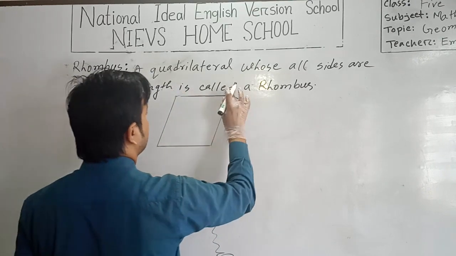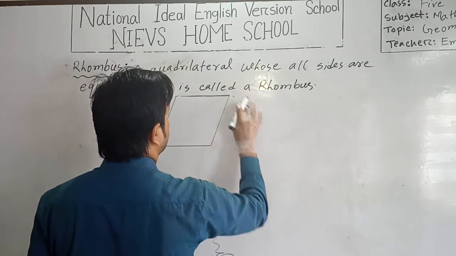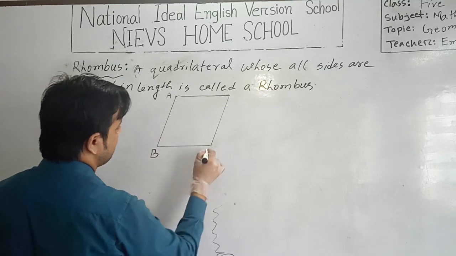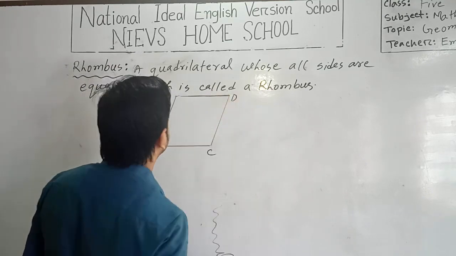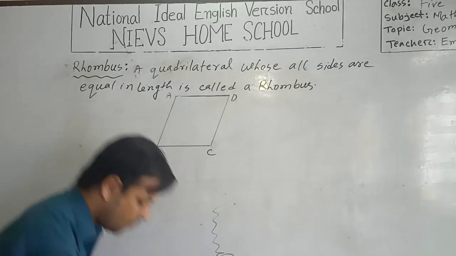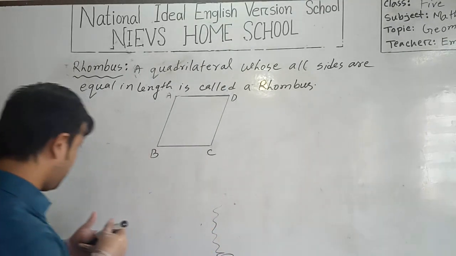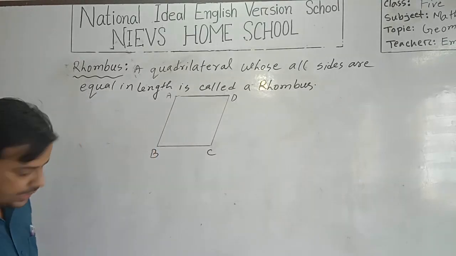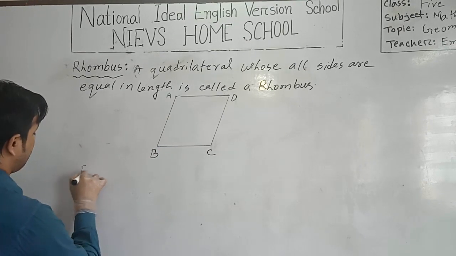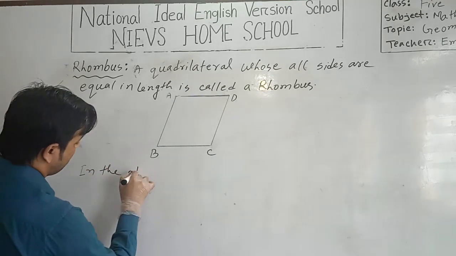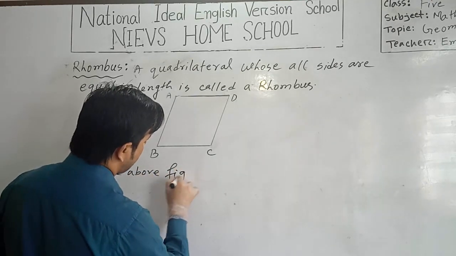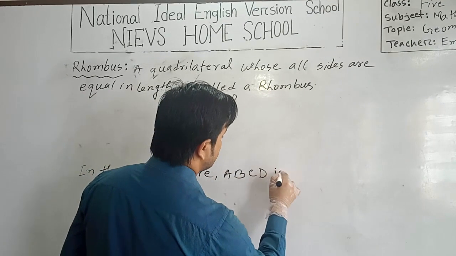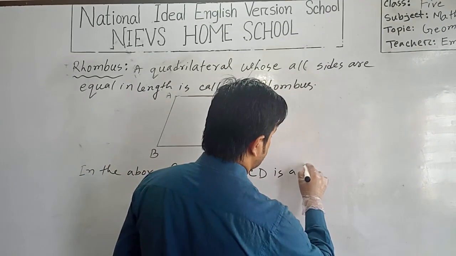This quadrilateral is known as rhombus. Now you can write A, B, C, D. So you can write A, B, C, D is our rhombus in the above figure.